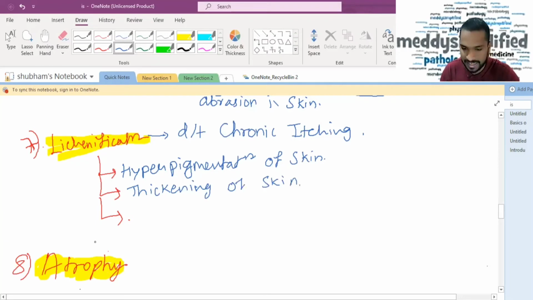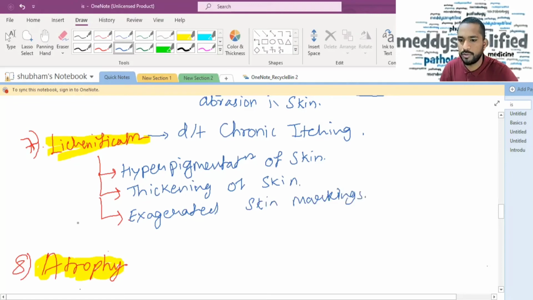And last is exaggerated skin markings. So these are the three important components of lichenification. Lichenification occurs due to chronic itching. It has three important components: hyperpigmentation of skin, thickening of skin, and exaggerated skin marking.